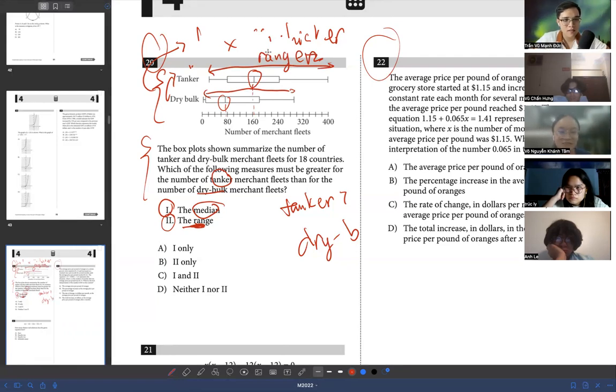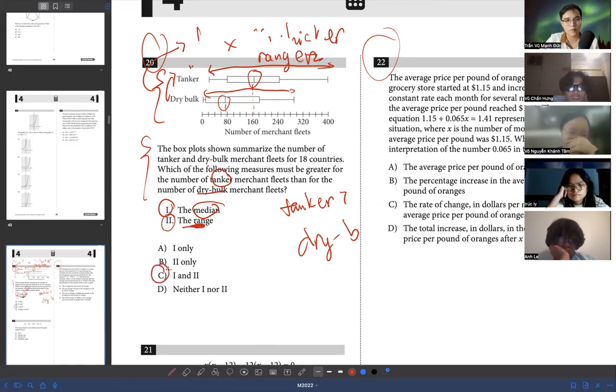The range of tanker is larger. Yes, because it's longer. The distance between the minimum and the maximum is a bit longer, so the subtraction between them will be much larger, which is max minus min is a bit more than dry bulk, isn't it? So what is the final answer? C. Yeah, it's C. It's very simple.